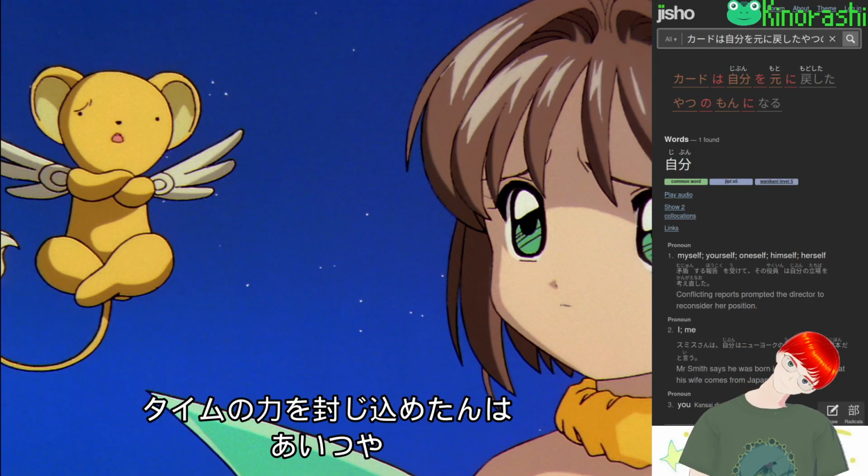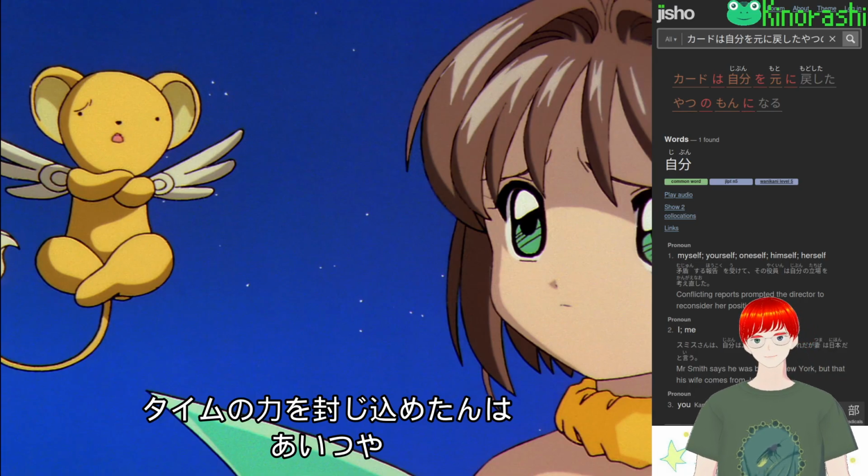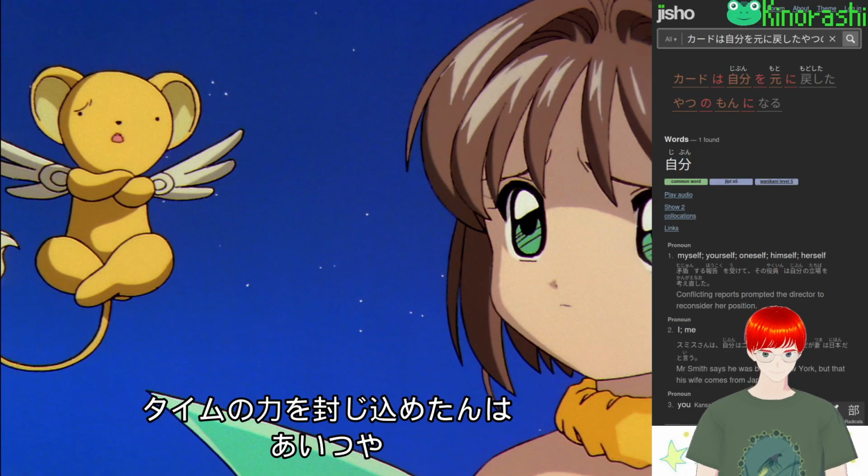So komu is to do well or to do many times. Let's see. So eta, so able to, and then past tense, and then what's this fuji, and then aitsu.